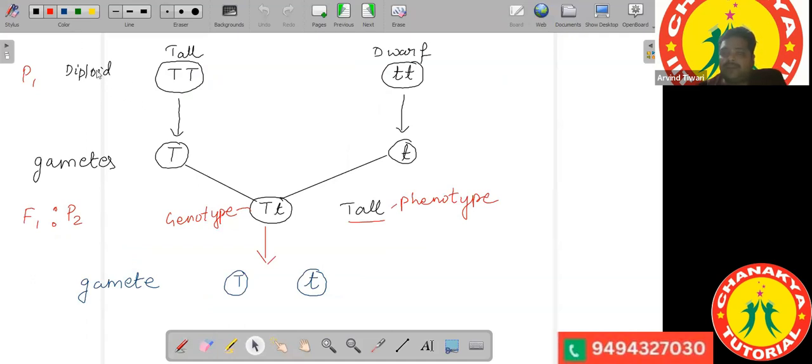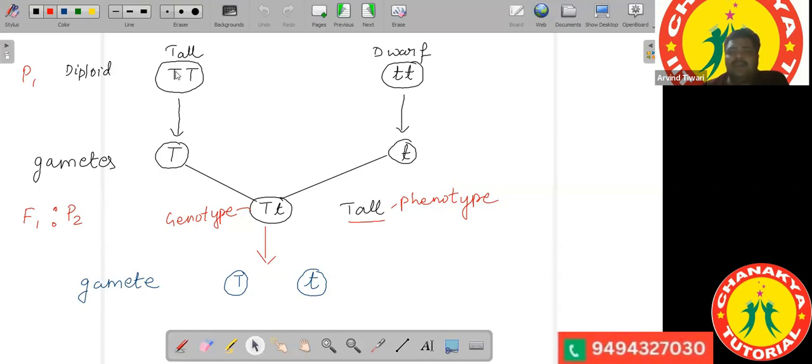You should first of all keep in mind that whenever the zygote is formed, that zygote is a diploid cell, that means it has 2n number of chromosomes, even number of chromosomes. When the gametes are formed, the chromosome number reduces to half.